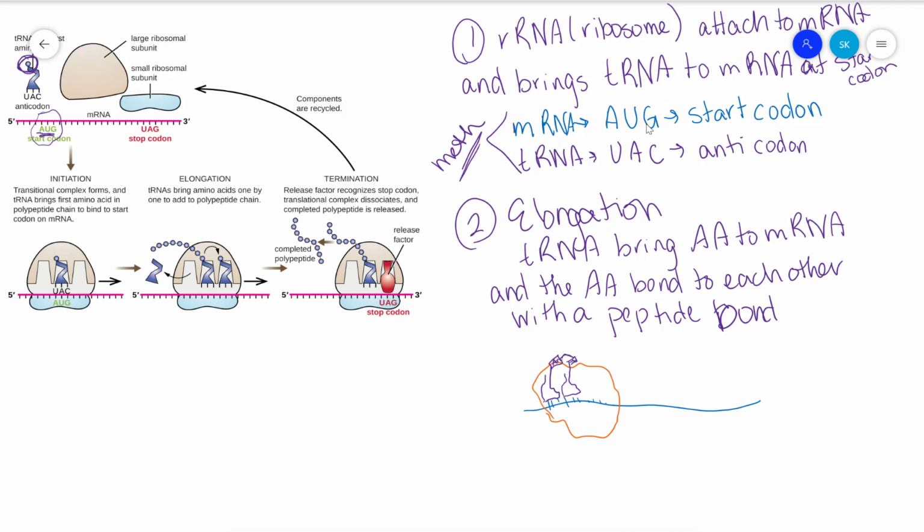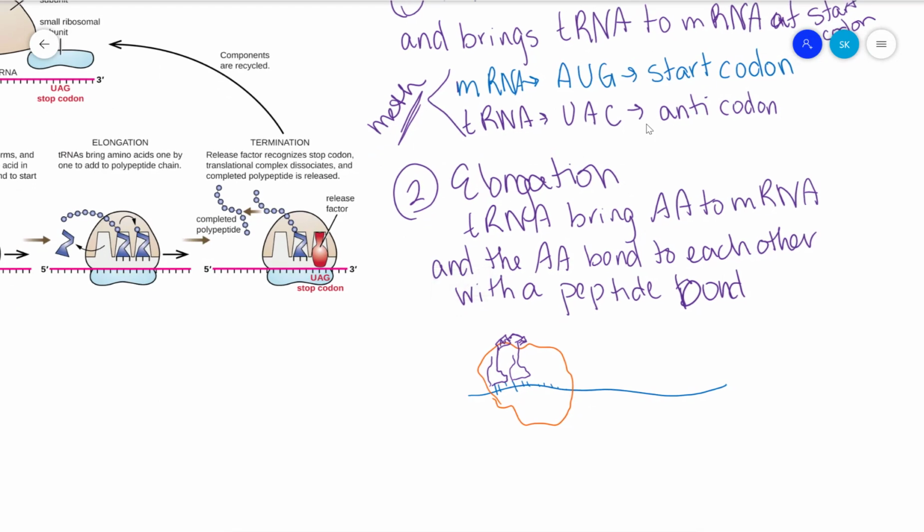And eventually these amino acids are going to be bonded together like this. The ribosome is going to move down the mRNA and continue to add them until you just have blocks of amino acids all attached to each other.